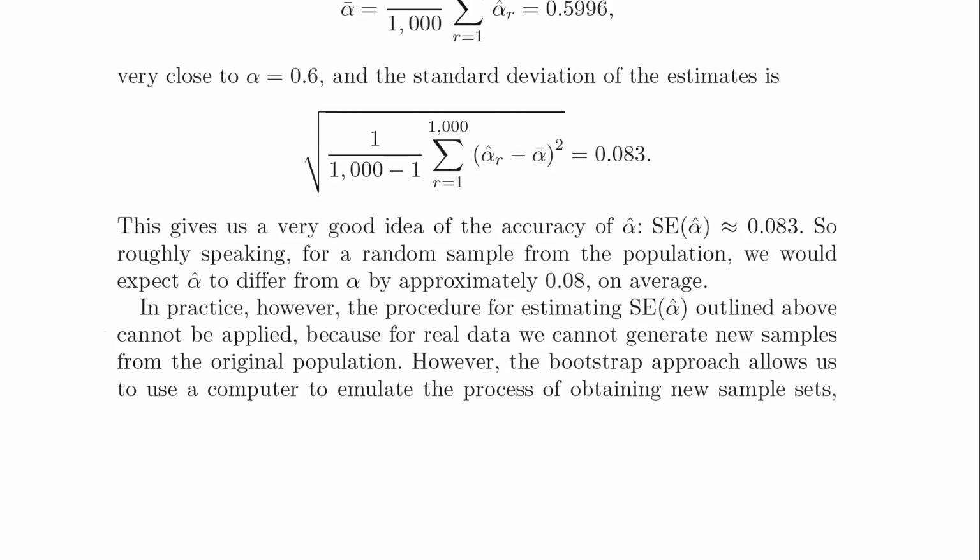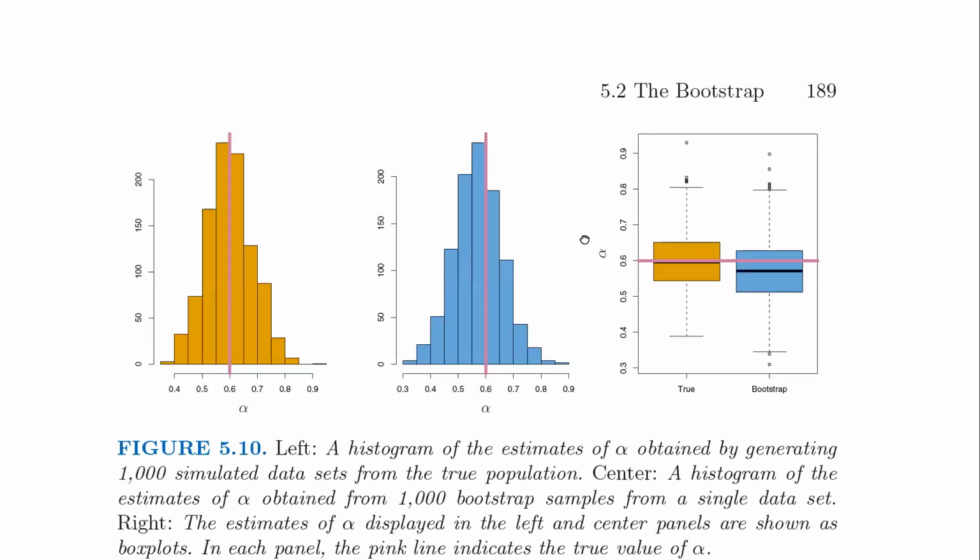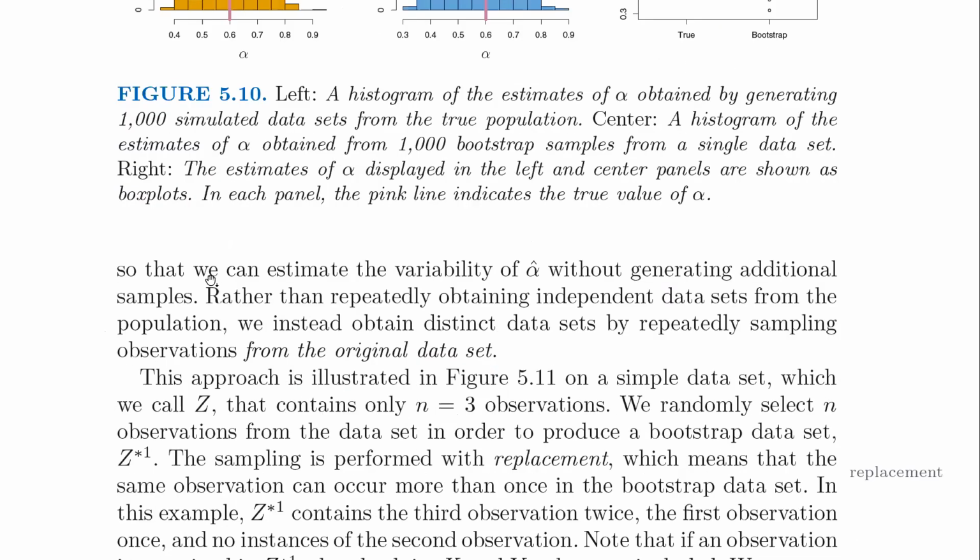However, the Bootstrap approach allows us to use a computer to emulate the process of obtaining new sample sets so that we can estimate the variability of alpha hat without generating additional samples, rather than repeatedly obtaining independent data sets from the population, which we can't do because we don't know the population's sigmas.